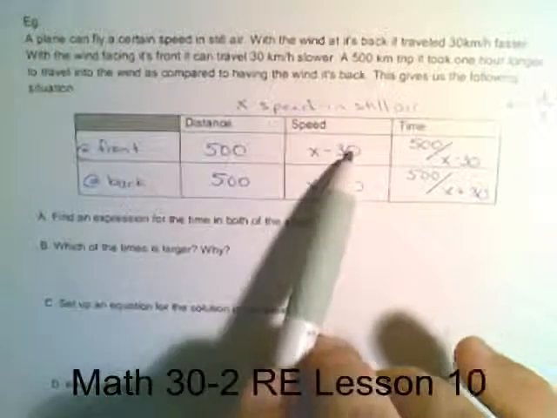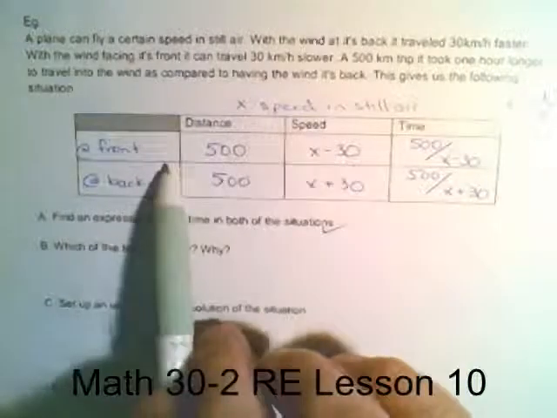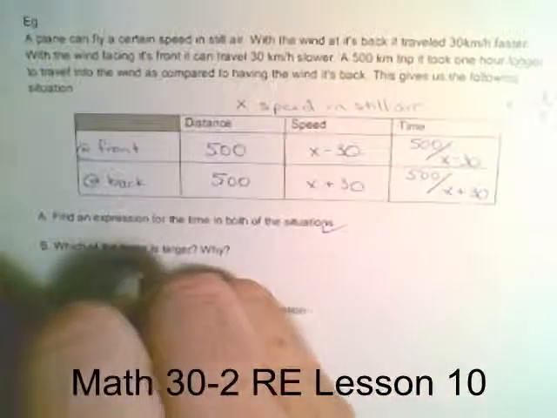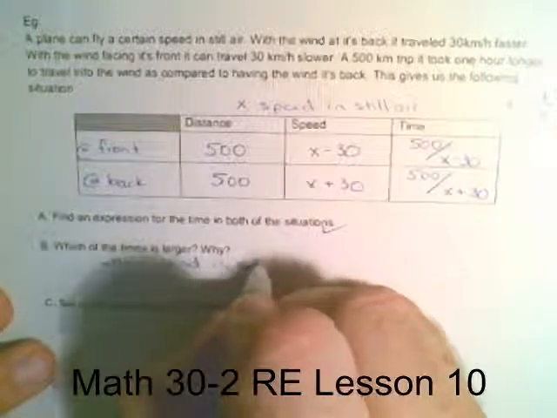Which of the times is larger? So now I need to stop and think, well, which time is larger? Which means which one took longer? If the wind is at my front or the wind is at my back? And you stop and think about that. If I'm going slower, it's going to take longer. So I'm going slower with the wind at my front, so this time is bigger. So which of the time is larger?